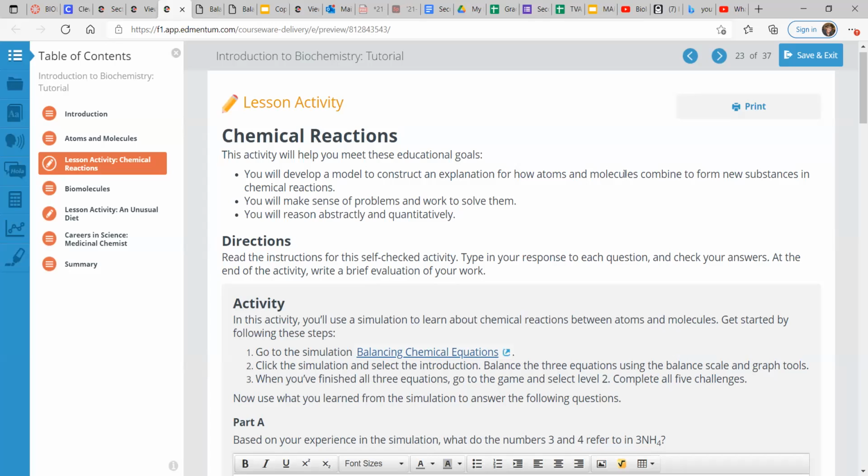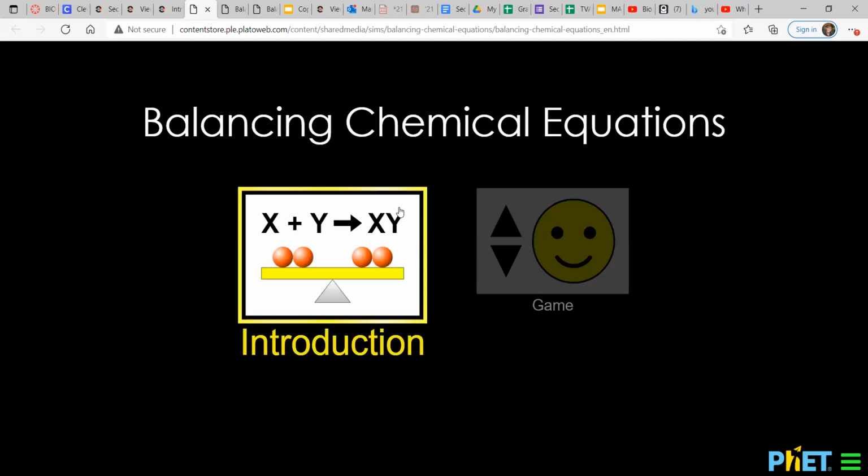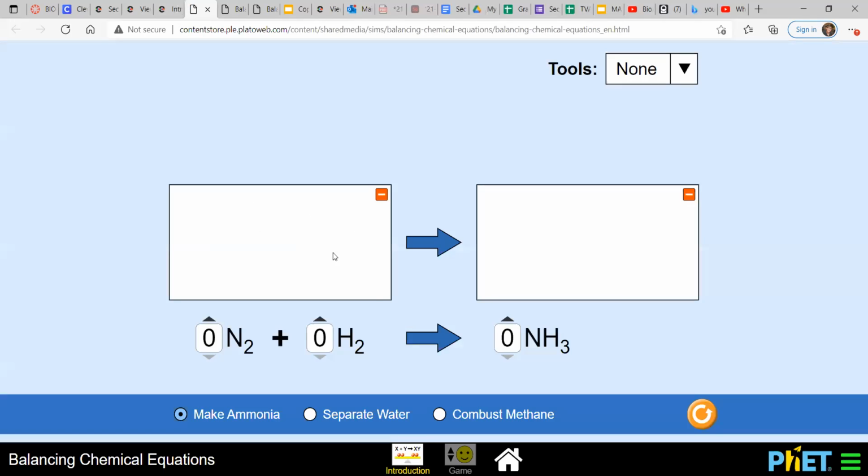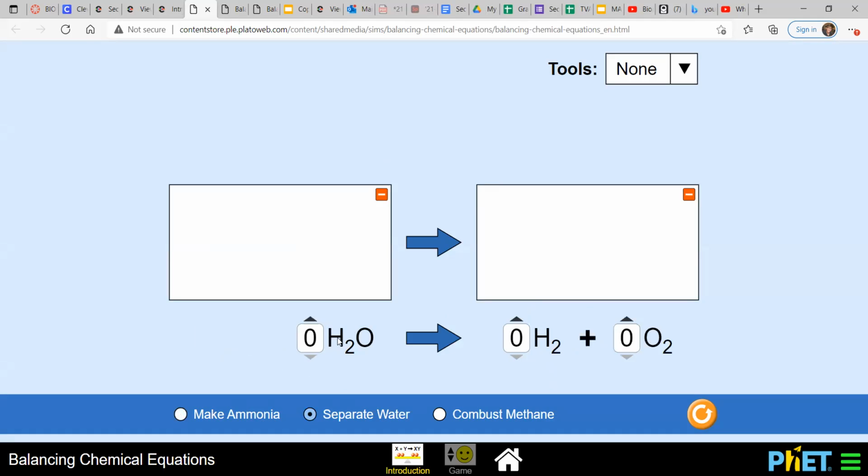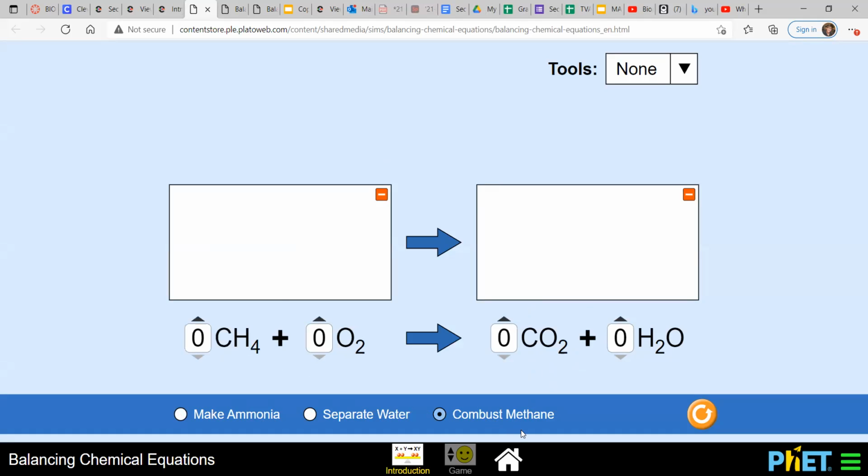Right now, we're going to look through the lesson activity together, and it is all about chemical reactions and balancing these chemical equations. So if we click on the simulation, it'll pop up with a PhET simulation, and in it, we are shown three separate processes: making ammonia from nitrogen and hydrogen to give us NH3 ammonia, separating water from H2O into hydrogen and oxygen, and then the combustion of methane.